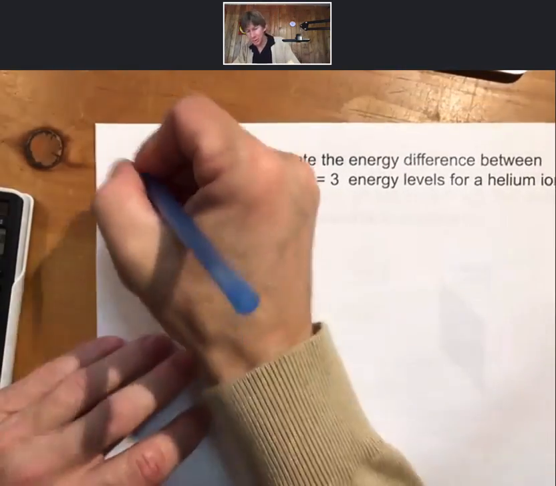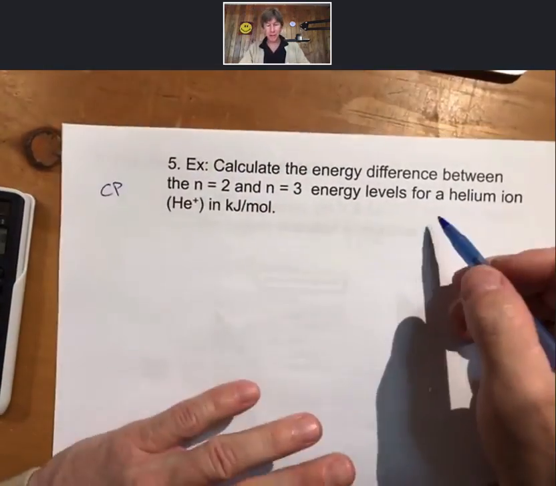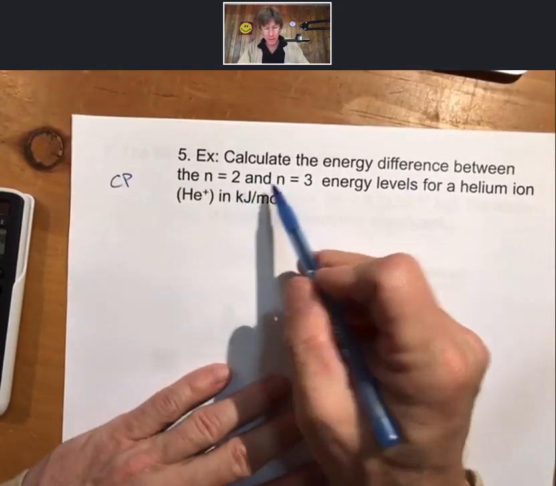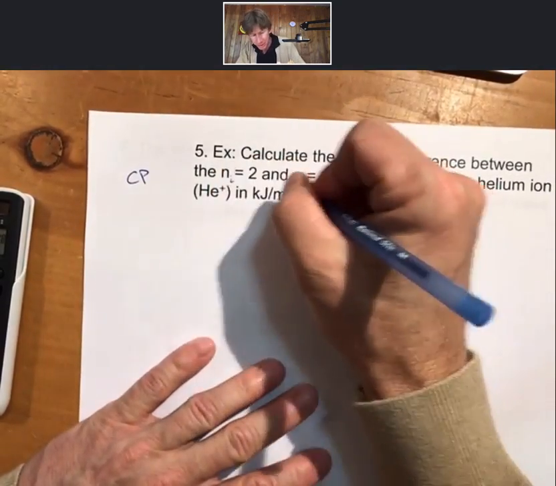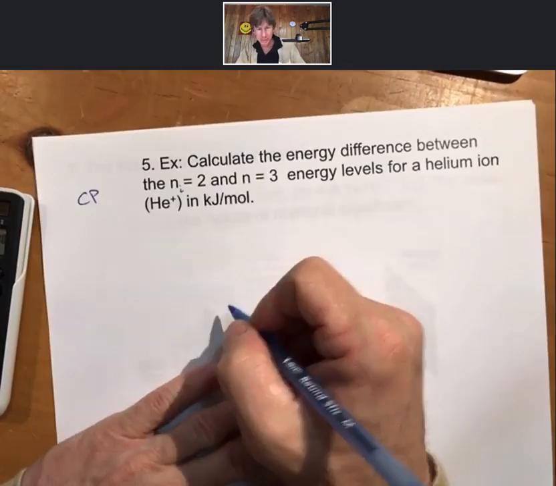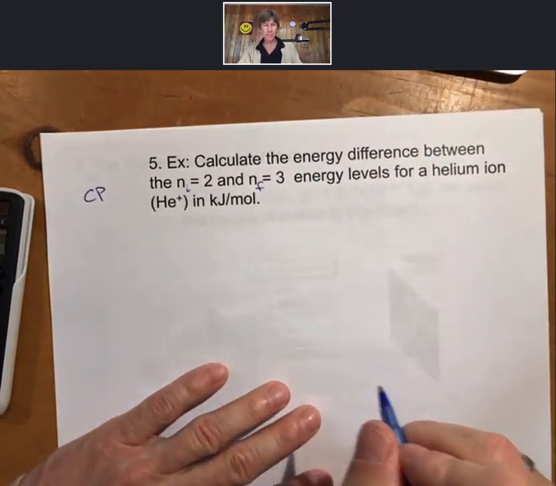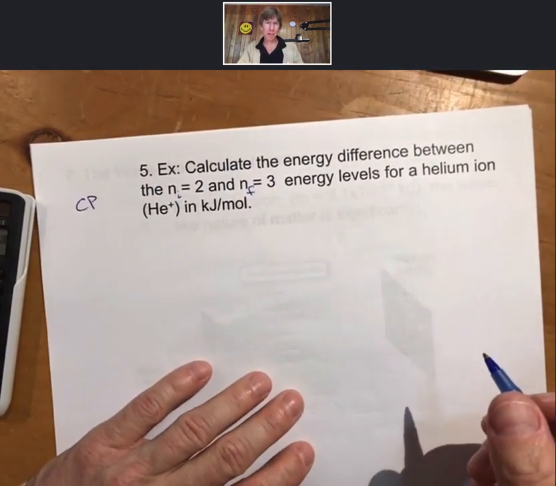Now, this one's going to be a companion problem. It's a very similar problem, except from 2 to 3, and we'll do n initial equals 2 and n final equals 3. I will leave it for you to solve. Great practice, by the way.